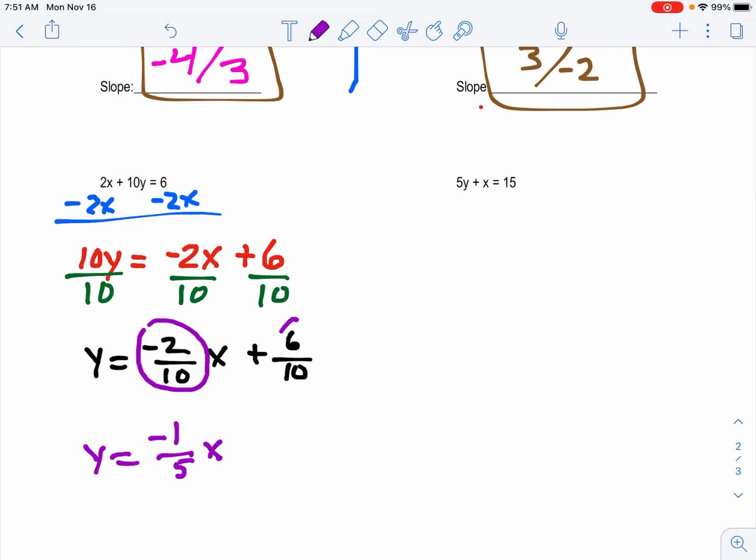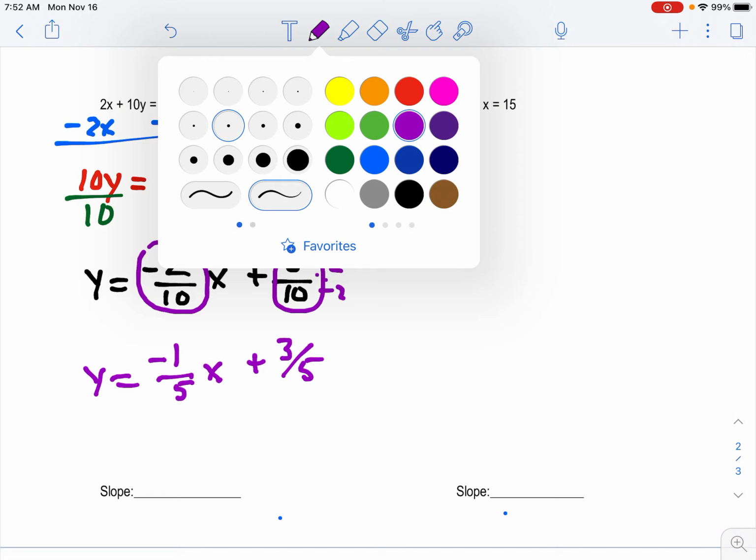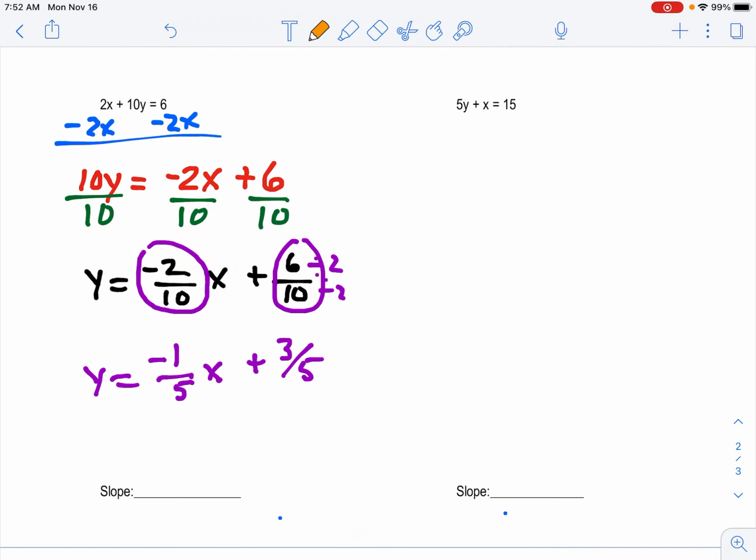And I can reduce this one. I can divide both of these by 2, which would reduce to positive 3 over 5. Now we have the y by itself, so let's go ahead and identify our slope. Our slope is the one next to the x, so our slope is negative 1 over 5.